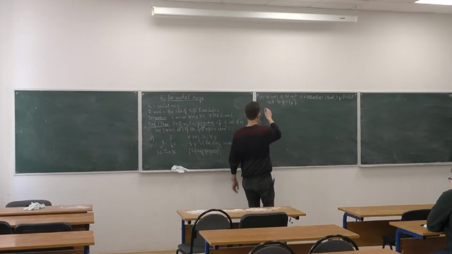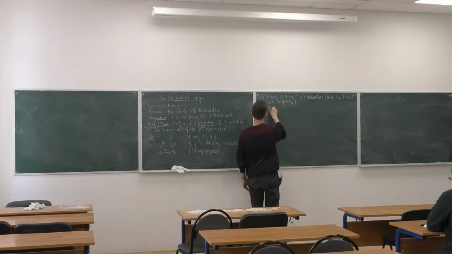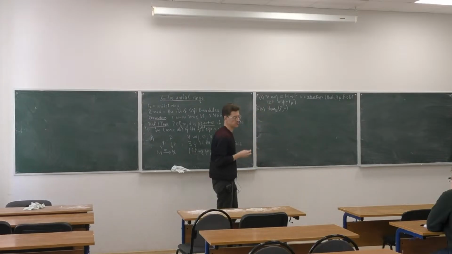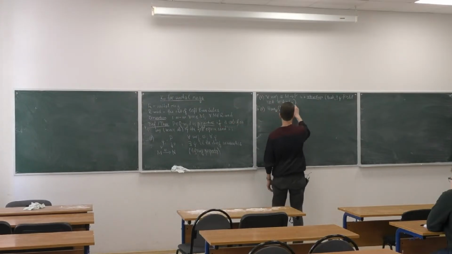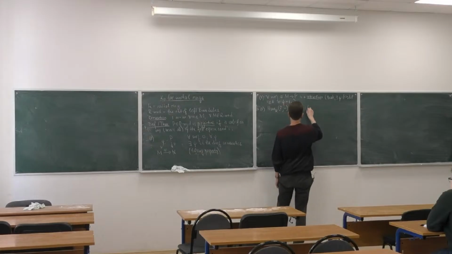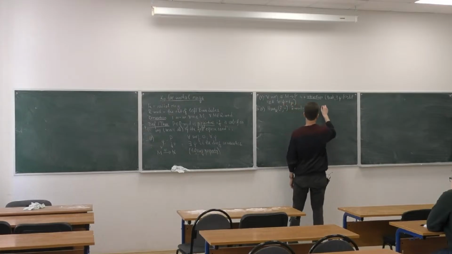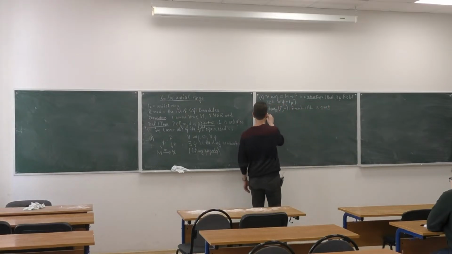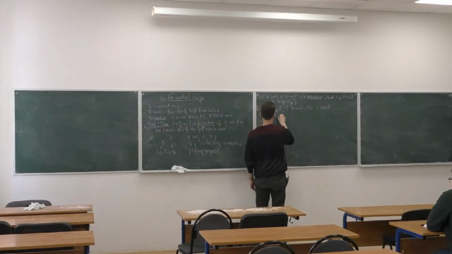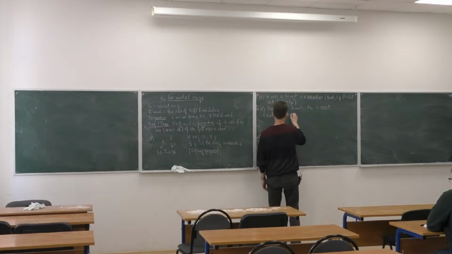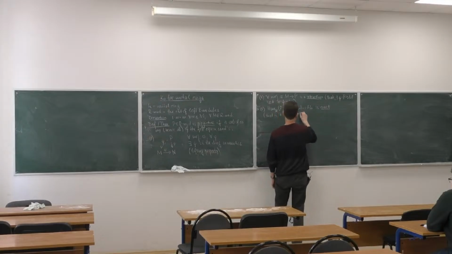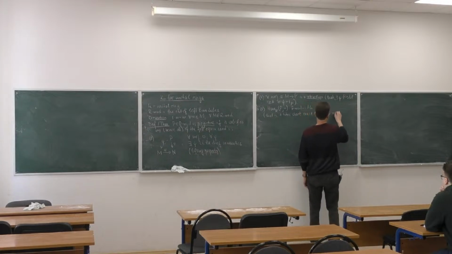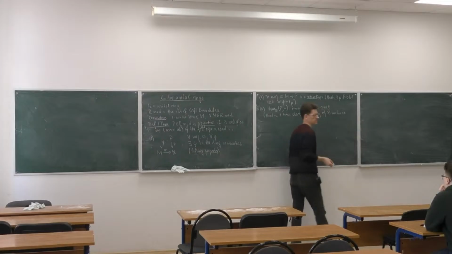And condition 3, which is also quite useful: the Hom functor, where P sits in the first argument. So this functor acts from R modules to abelian groups. This functor is exact in the sense that it takes short exact sequences of R modules to exact sequences of abelian groups.